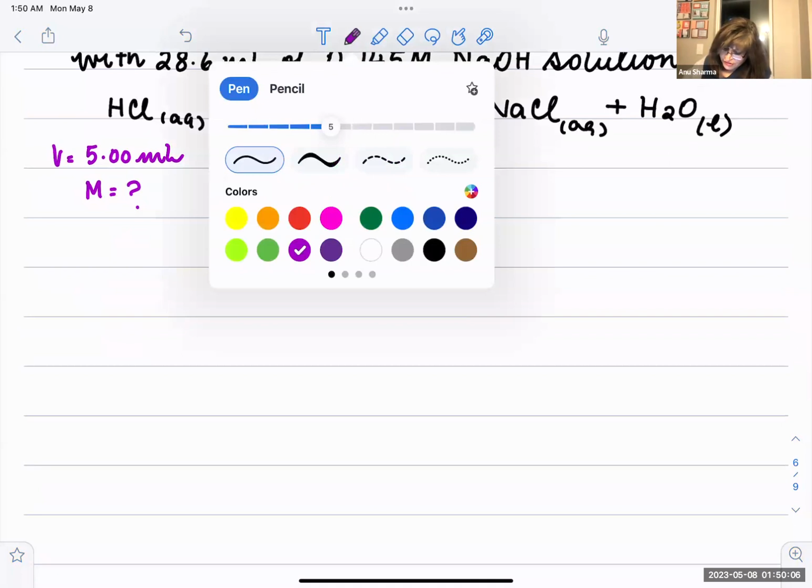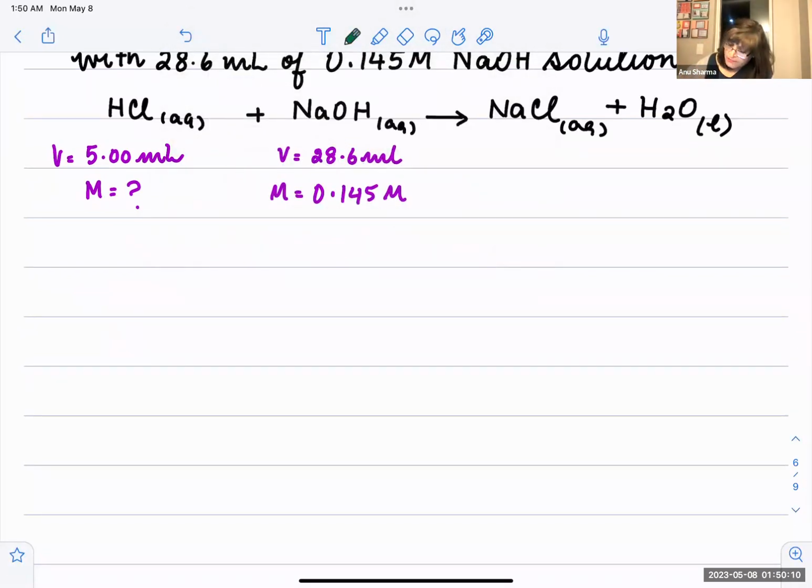So what are the steps here? Anytime you're given these titrations, first of all, always write these steps. Understand that milliliters have to be converted to liters. Next is find the moles of the base. If you know the molarity and the volume, find the moles using molarity times the volume.